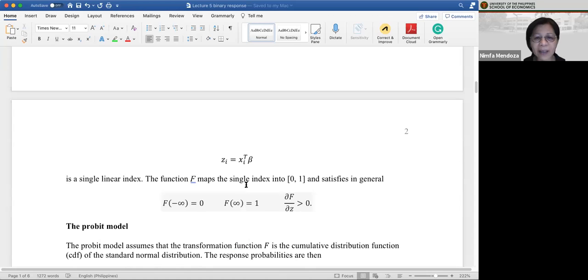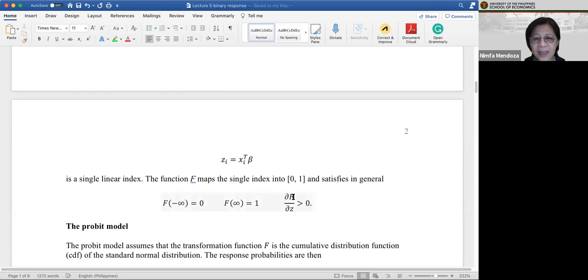The function F maps the single index c sub i into 0, 1 and satisfies in general F of minus infinity is 0, F of positive infinity is equal to 1. The partial of F with respect to z is greater than 0, which means F is a positively monotonic function of z.